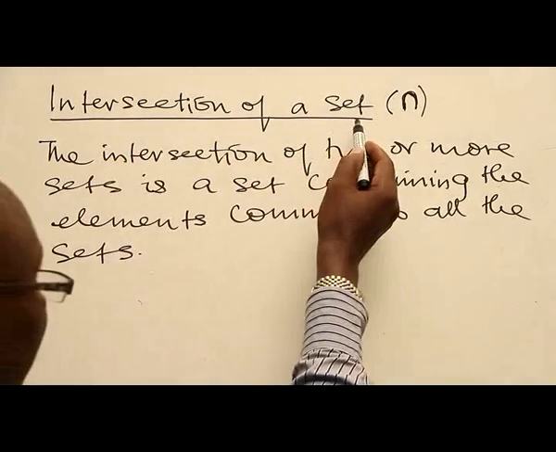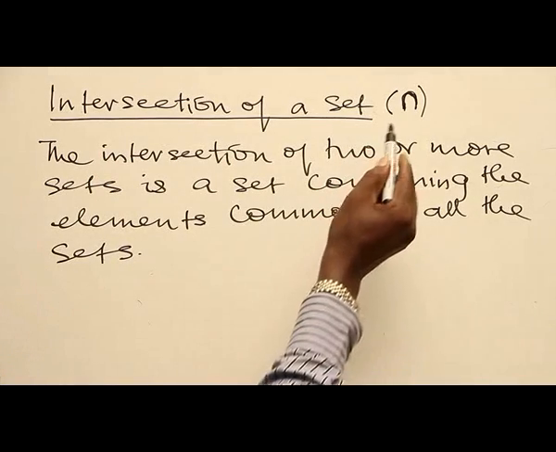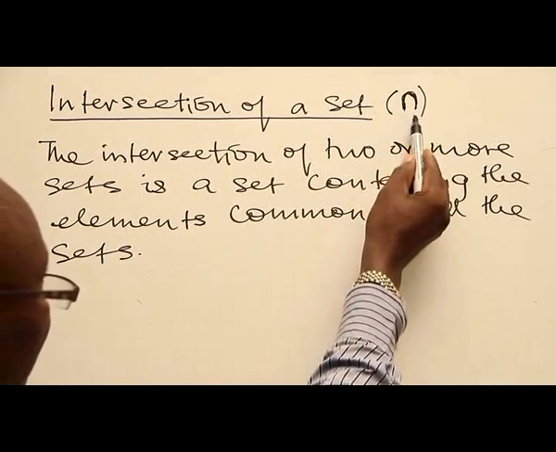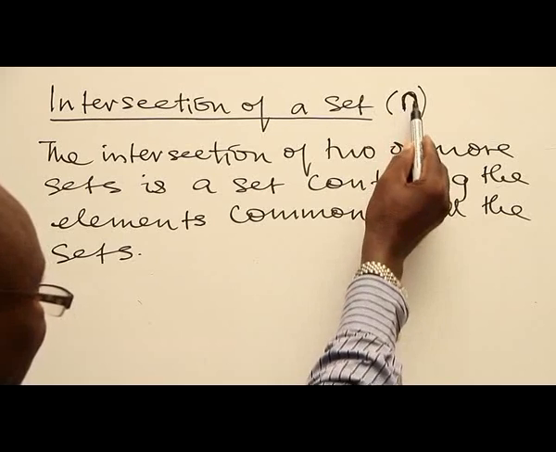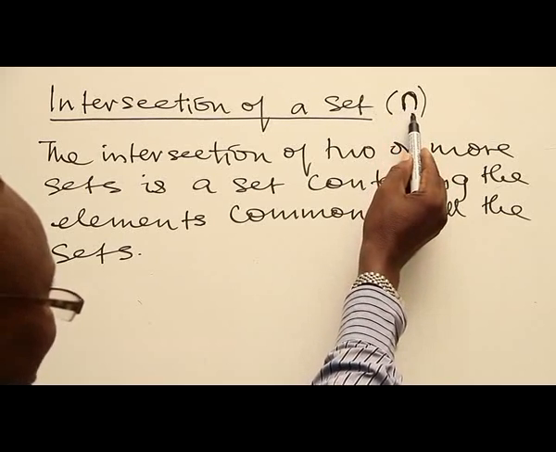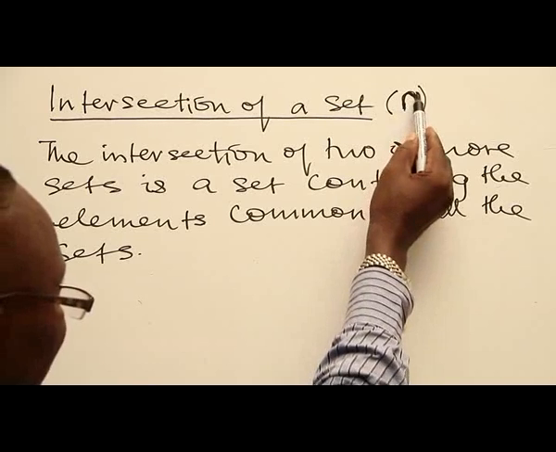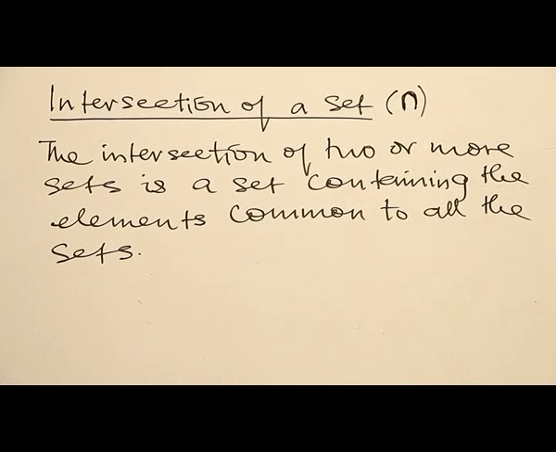Intersection of a set. This is represented by the symbol ∩. Look at this symbol here. It looks like N, but not actually N, but this is how it is written. So we say that the intersection of two or more sets is a set containing the elements common to all the sets.